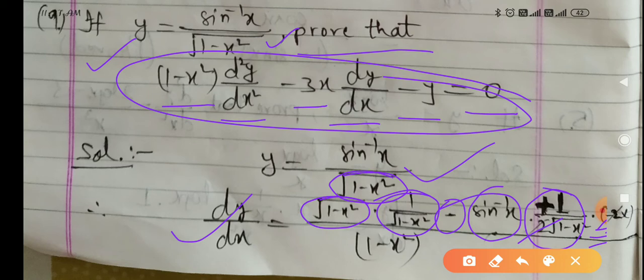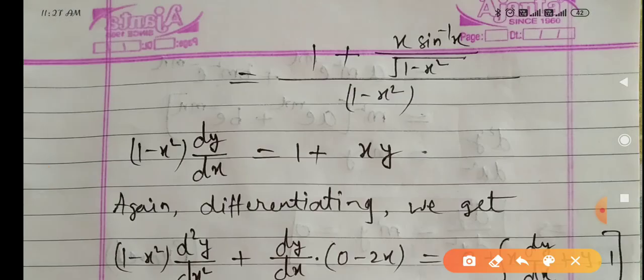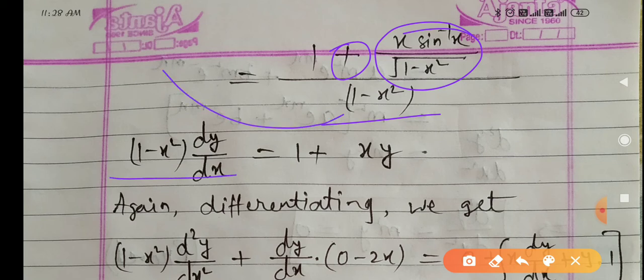It will be 1, minus plus 1, plus x sin inverse x upon under root 1 minus x square, all upon 1 minus x square. Take 1 minus x square to the LHS. So it will come 1 minus x square dy upon dx equals 1 plus xy. Here you have to pay attention.